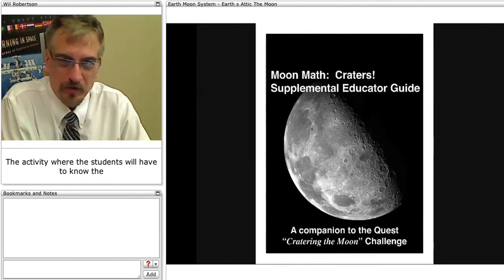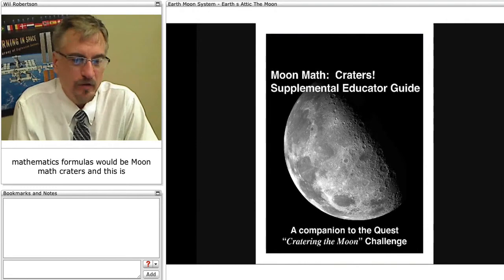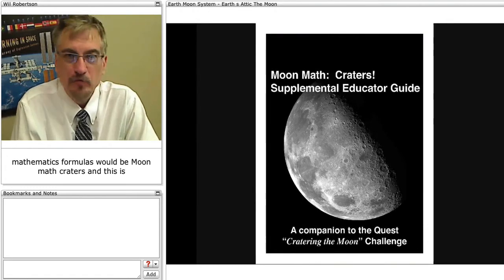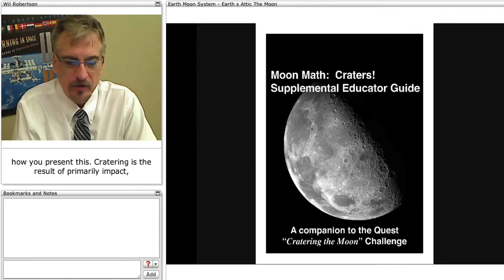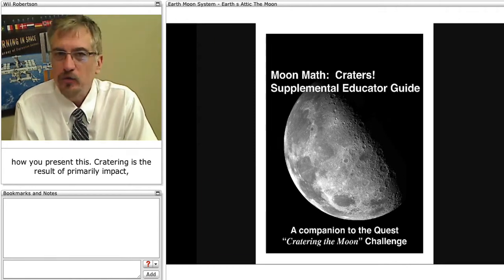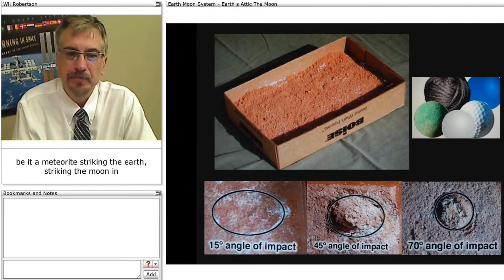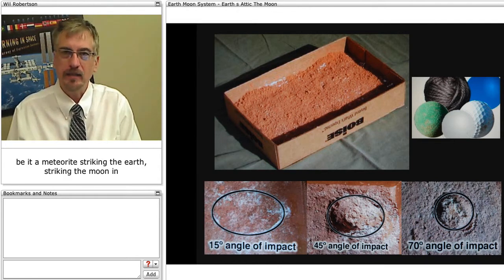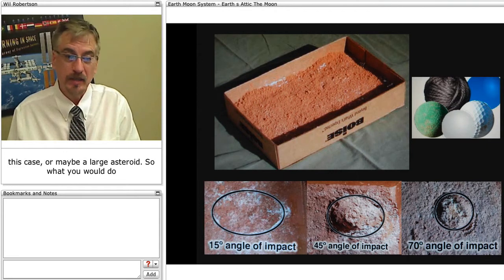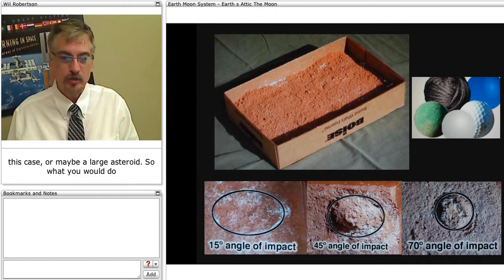The activity where the students will have to know the mathematics formulas would be moon math craters, and this is how you present this. Cratering is the result of primarily impact, be it a meteorite striking the Earth, striking the moon in this case, or maybe a large asteroid.